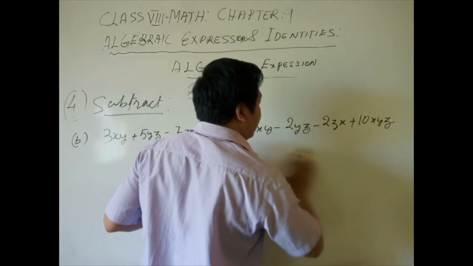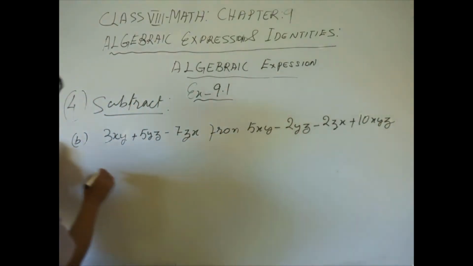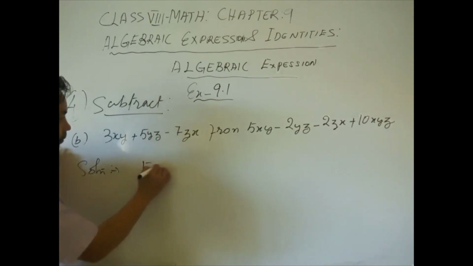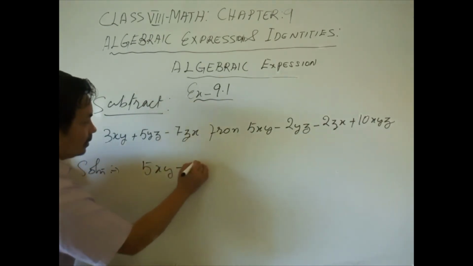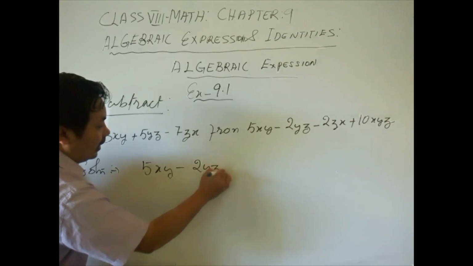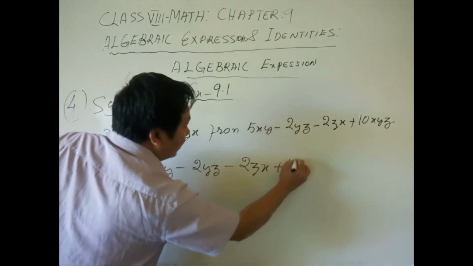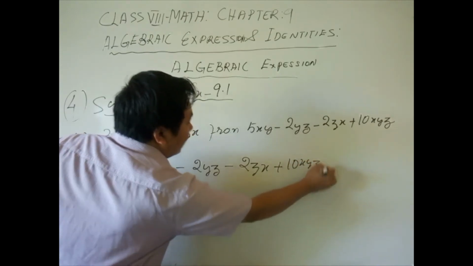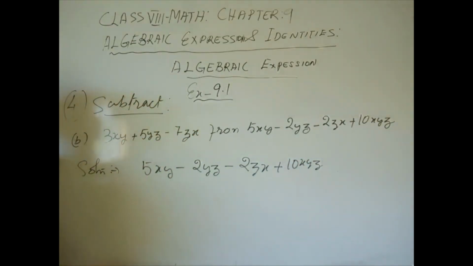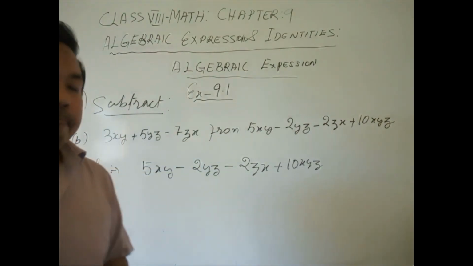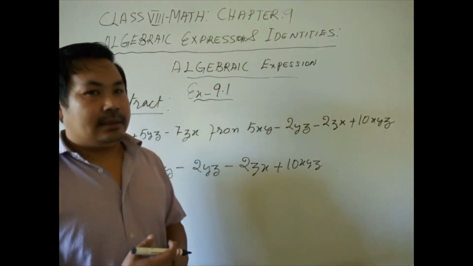So write this expression first, that is 5xy minus twice yz minus twice zx plus 10xyz. Write this first in the column. We are going to arrange the column like we did in addition, or like in arithmetic.